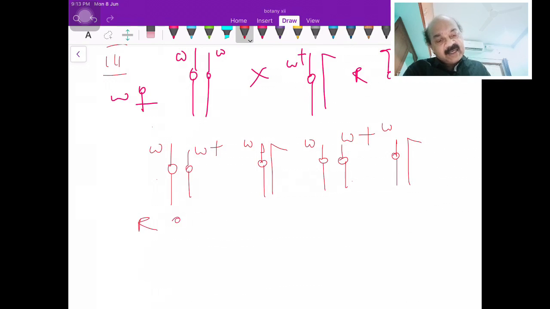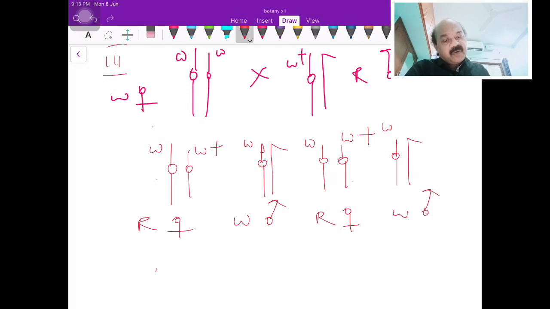This is a red-eyed female, this is a white-eyed male, this is a red-eyed female, and this is a white-eyed male.